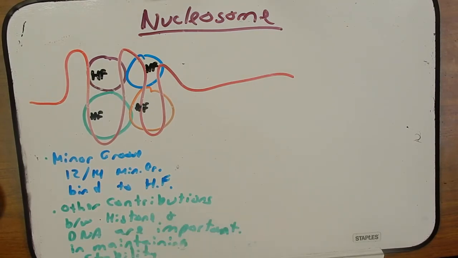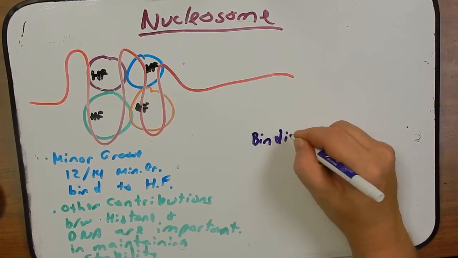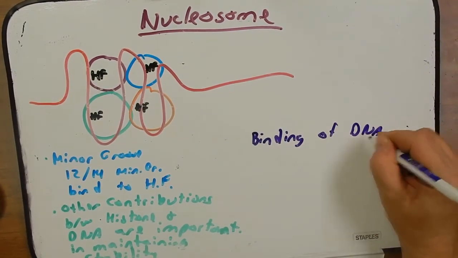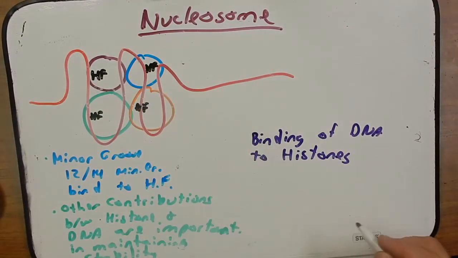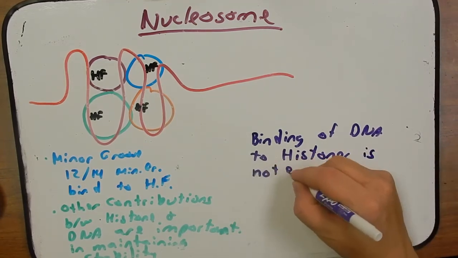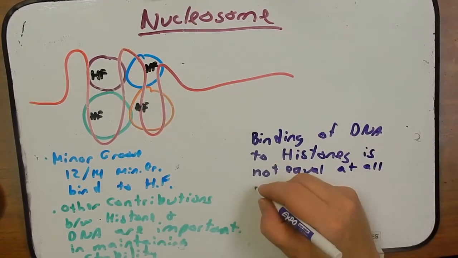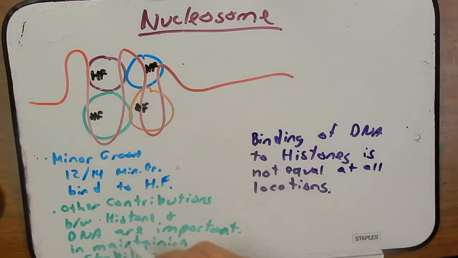To talk about these other contributions, I want to point out that the binding of DNA to histone proteins, as the DNA wraps around here and binds to these histones, is not equal at all locations. Meaning there are parts of this interaction between DNA and histone that bind tighter and other parts that bind with less strength.